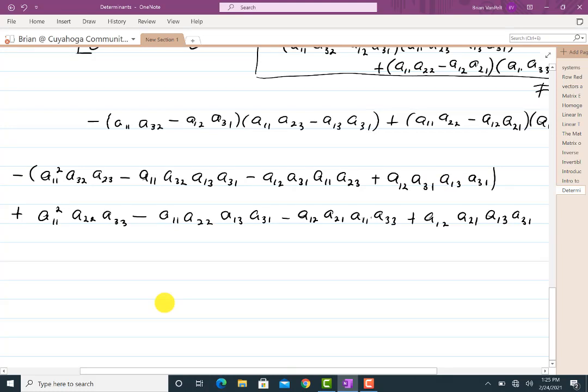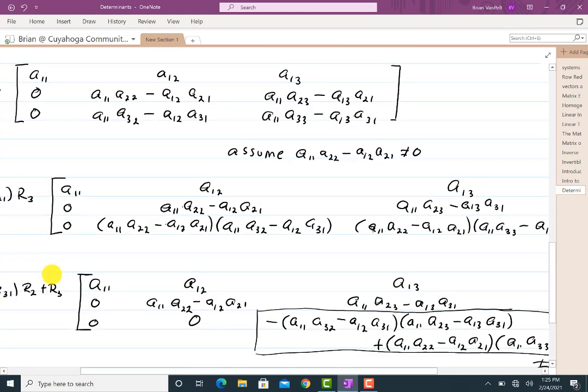Once again, I think I found another mistake. So this is a pain in the butt.